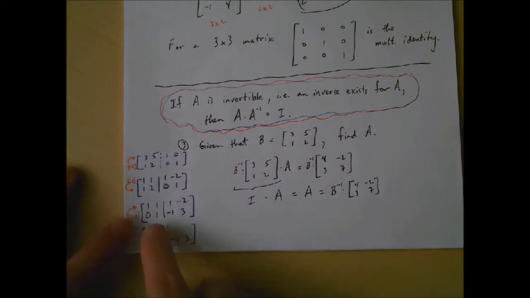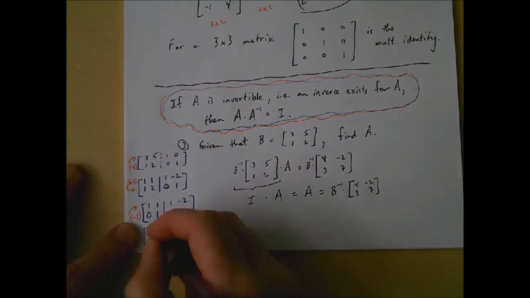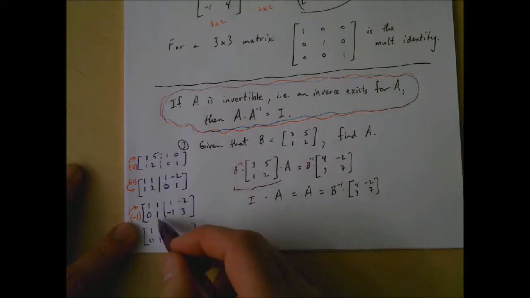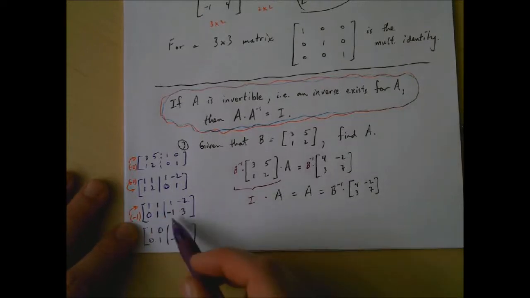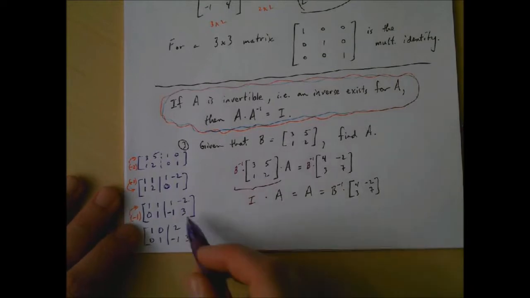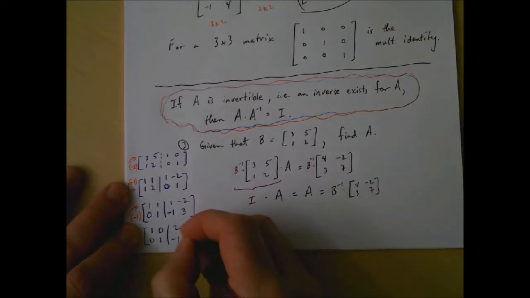So negative 1 times 0 is 0, plus 1 is still 1. Negative 1 times 1 is negative 1, plus 1 is 0. Negative 1 times negative 1 is 1, plus 1 is 2. And negative 1 times 3 is negative 3, plus negative 2 is negative 5.